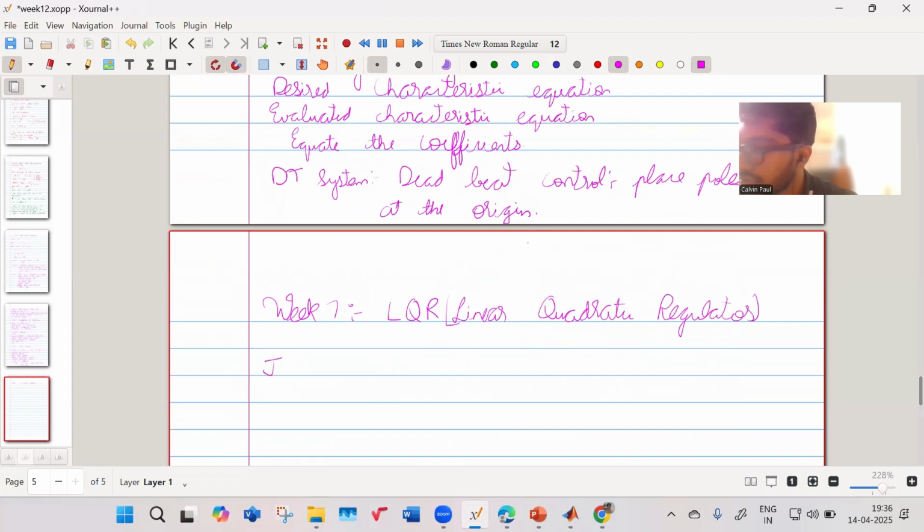Here we have to minimize the cost function, the integral from minus infinity to infinity of x transpose Qx plus u transpose Ru dt. Q is positive semi-definite and R should be positive definite.